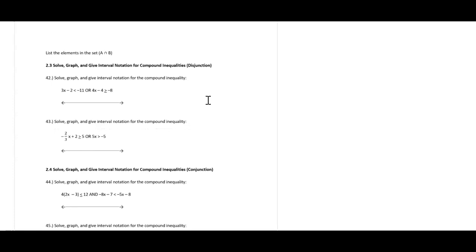All right, a couple of reminders about these and or statements. Remember that we talked about intersection and we talked about union. So intersection is going to be our and statements, and union is going to be our or statements.